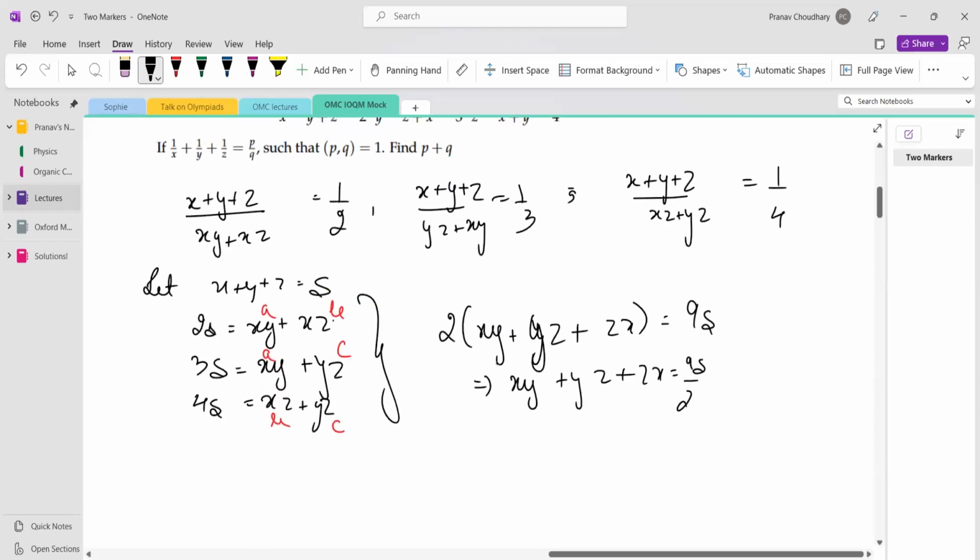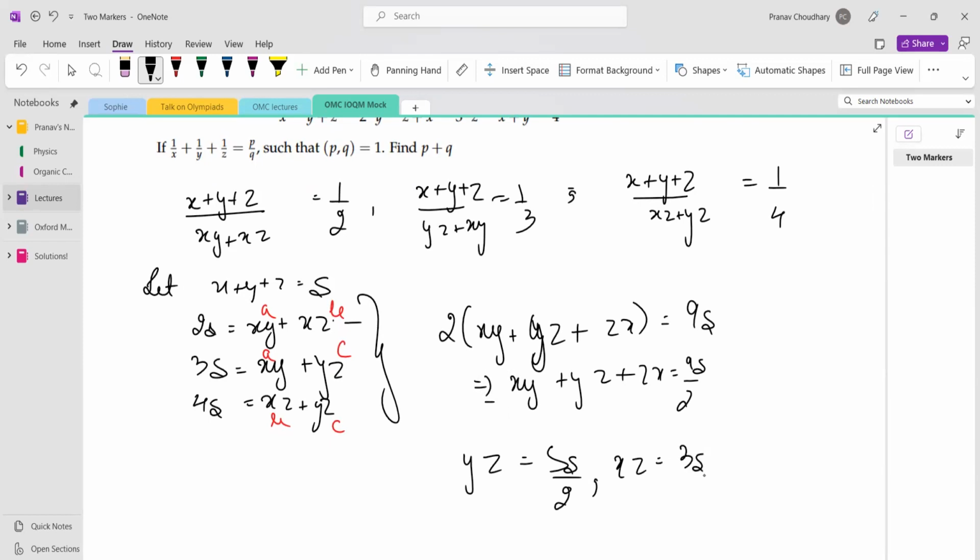Now you can subtract this from this to get xy plus xz, yz equals 5s by 2. And do that for the other two equations as well. So yz would be 3s by 2 and xy equals s by 2.